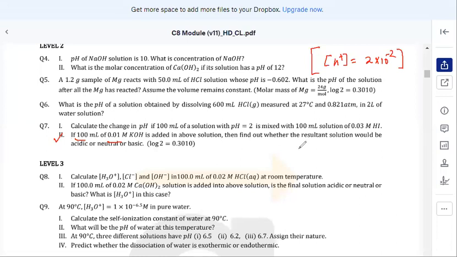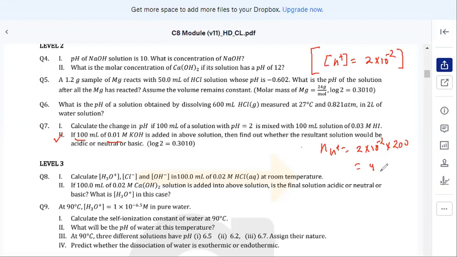Now, how much moles of KOH is added? So number of moles of H plus will be 2 into 10 power minus 2 into 200, because the volume was 200. So it was 4.